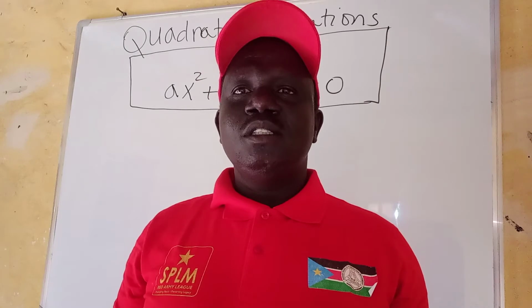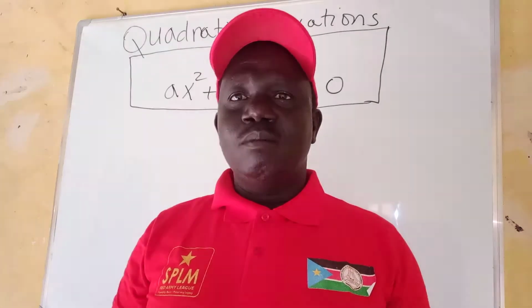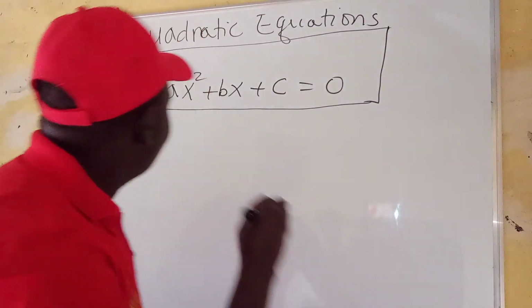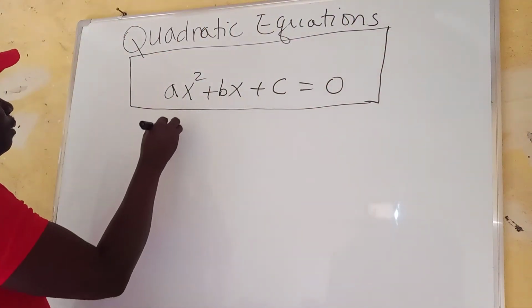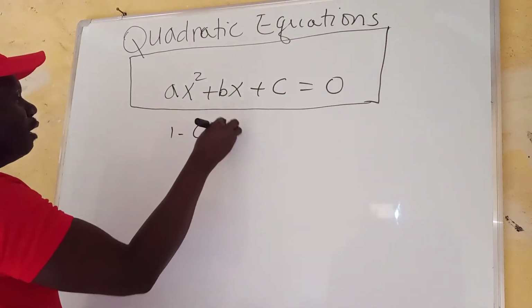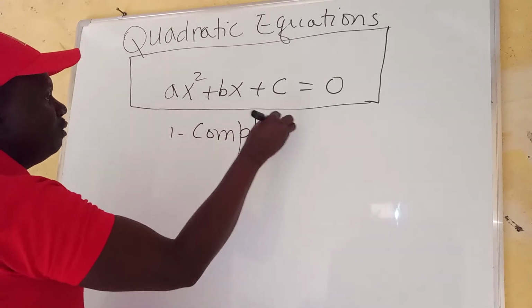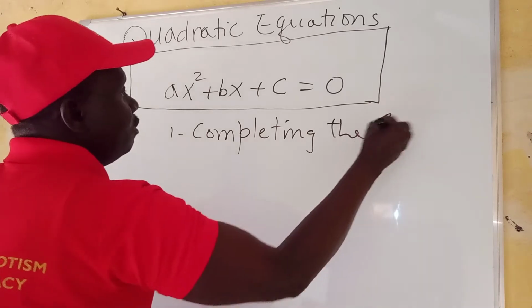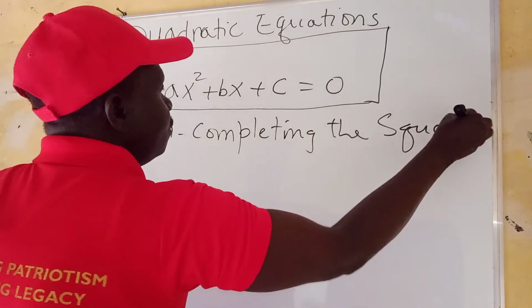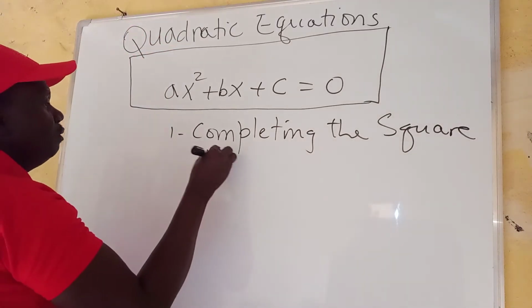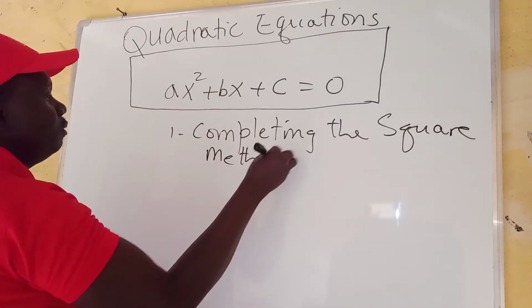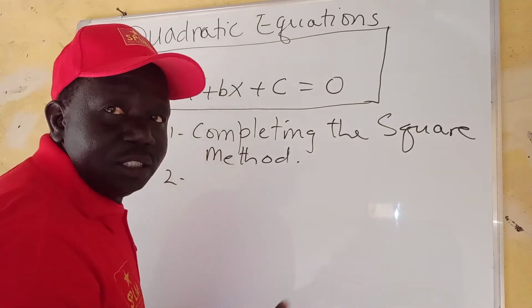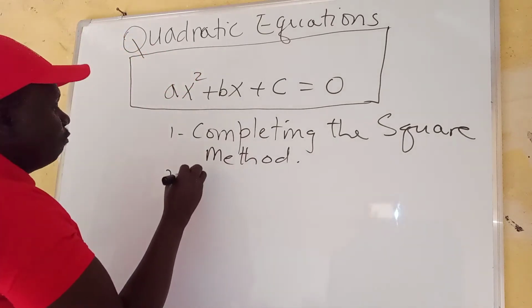Quadratic equations can be solved by using mainly three methods. One, completing the square method. Two, the formula method.